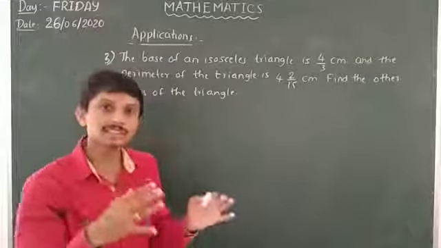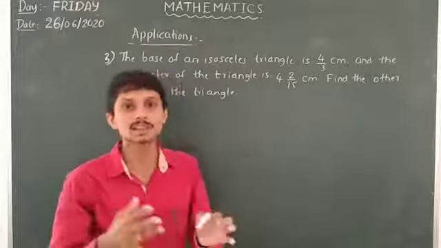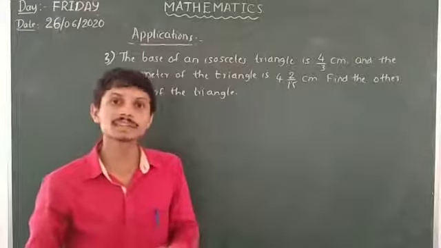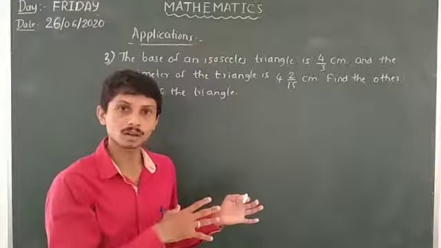In an isosceles triangle two sides are equal but one side is unequal with respect to the other sides.